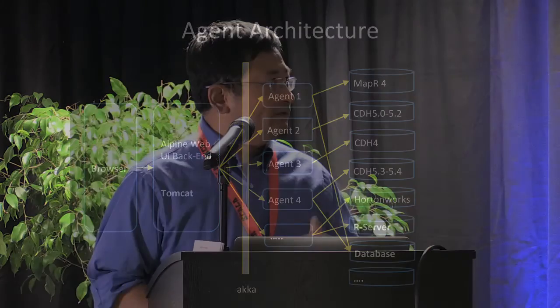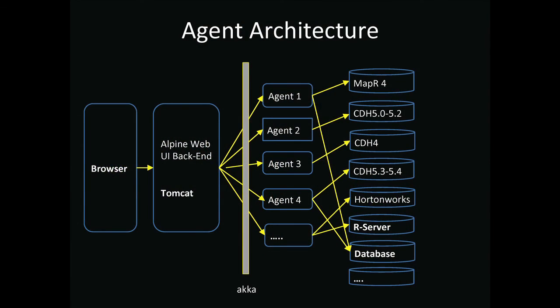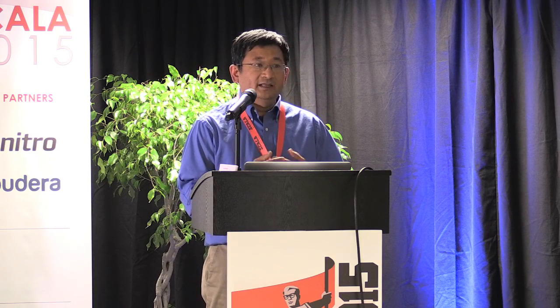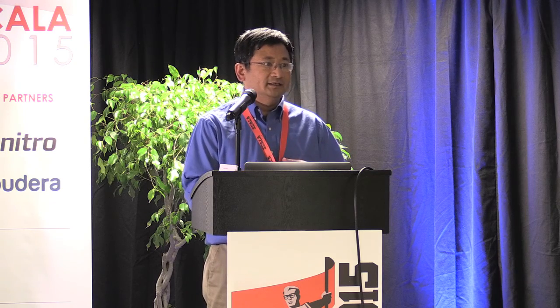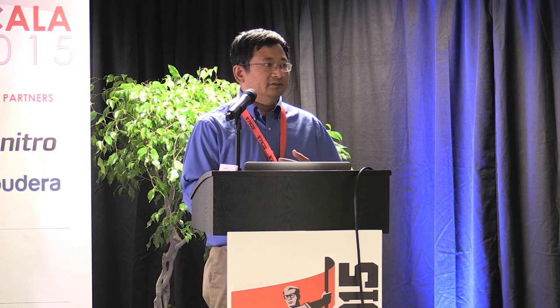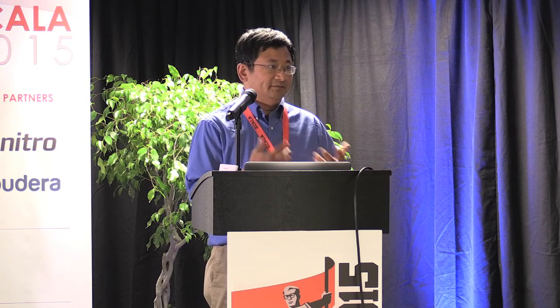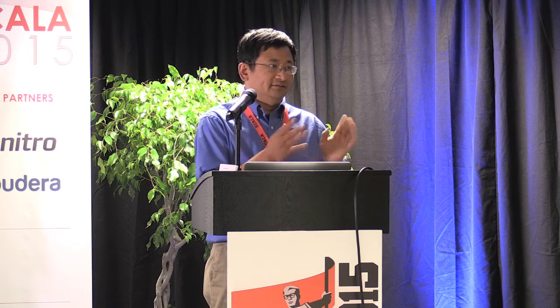Here, briefly, is our agent architecture. Alpine has to support all kinds of Hadoop distributions, from MapR to Hortonworks to Cloudera, and different versions of these distributions. Each distribution may have different protocols, the protobufs could be different, and the API could change. So essentially, from the same user interface, how do you access different types of data sources without different deployments?